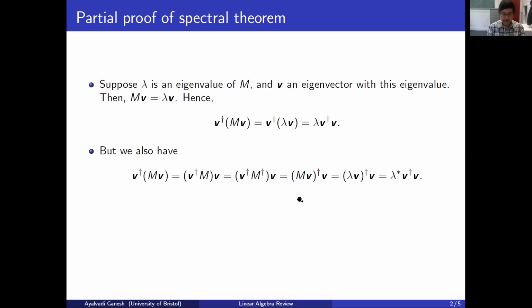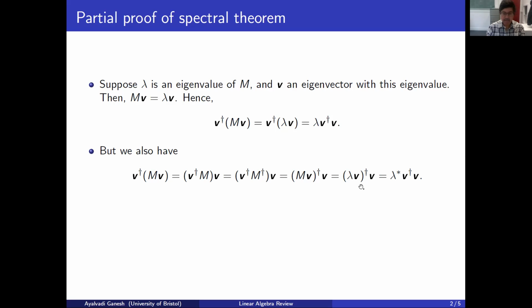If you take the product of two matrices and transpose it, you get the product in reverse order of the transpose matrices. So V dagger, M dagger is the same as the Hermitian conjugate of MV. Okay, so we've replaced this by MV, but what's MV?